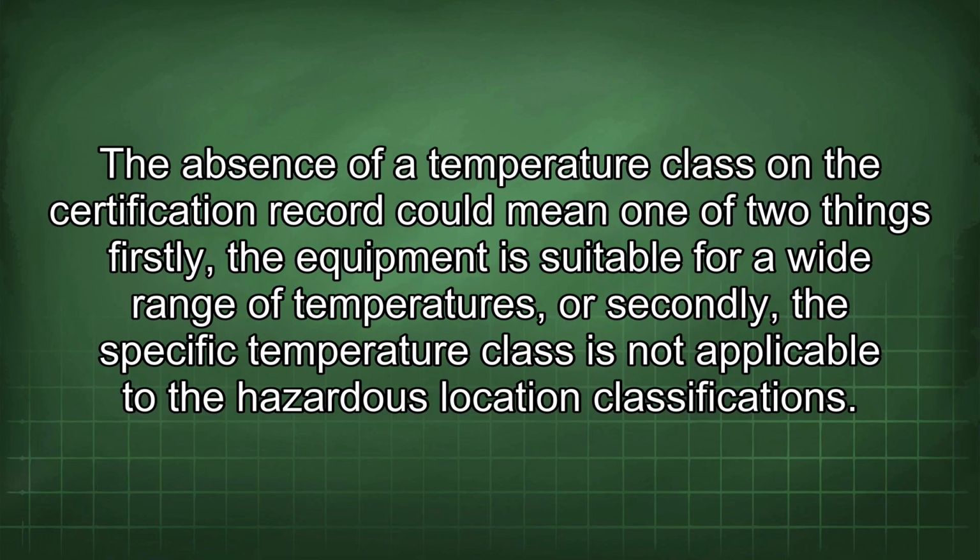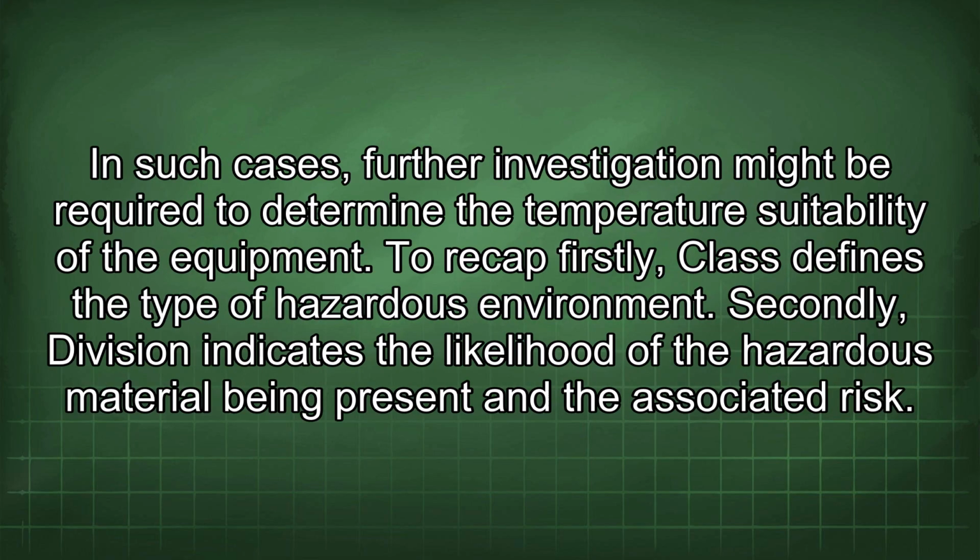The absence of a temperature class on the certification record could mean one of two things. Firstly, the equipment is suitable for a wide range of temperatures, or secondly, the specific temperature class is not applicable to the hazardous location classifications. In such cases, further investigation might be required to determine the temperature suitability of the equipment.